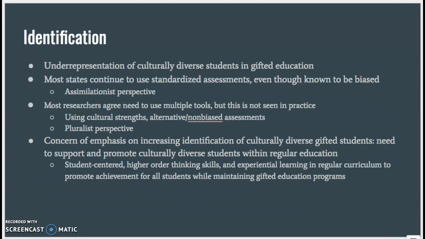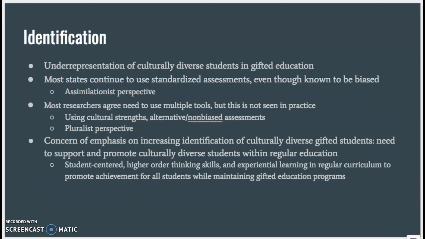And there is a concern within the educational field that the emphasis on increasing the identification of culturally diverse gifted students ignores all of the culturally diverse students within regular education, and that we need to be supporting and promoting them, as that is a higher population.